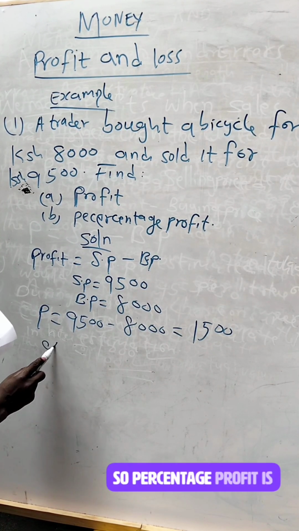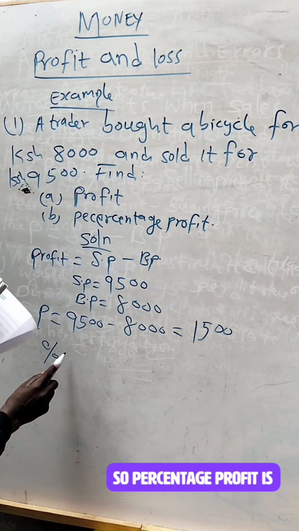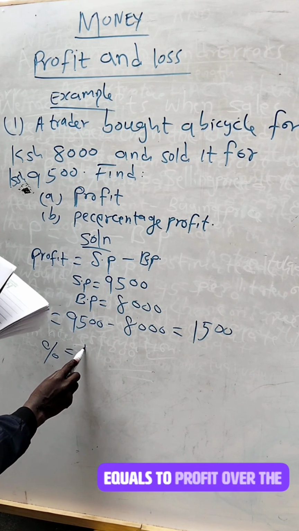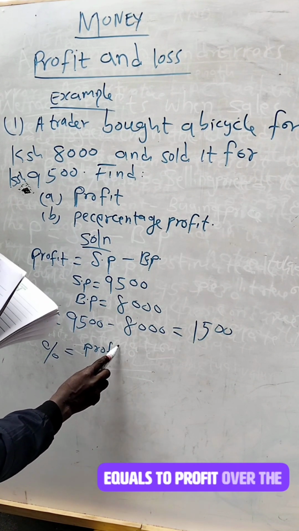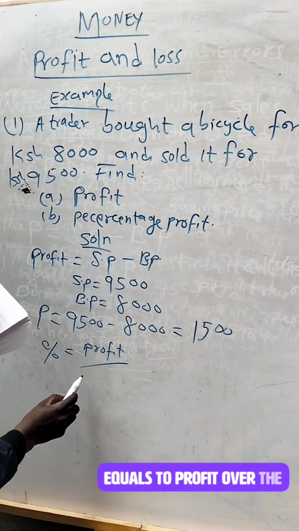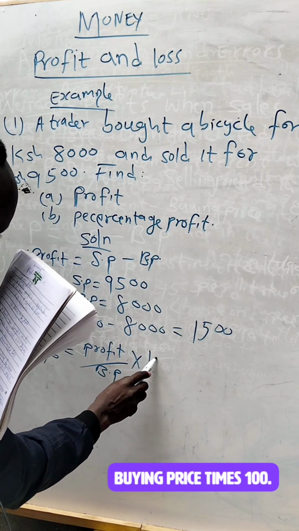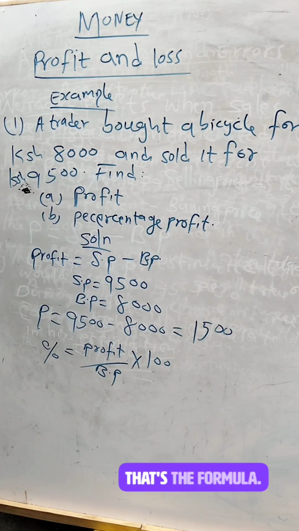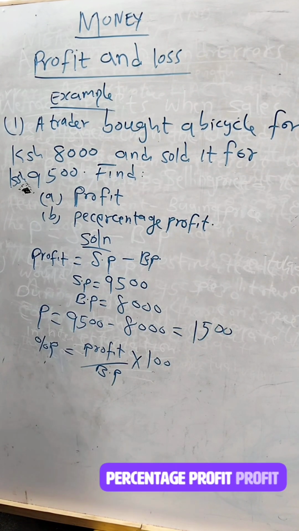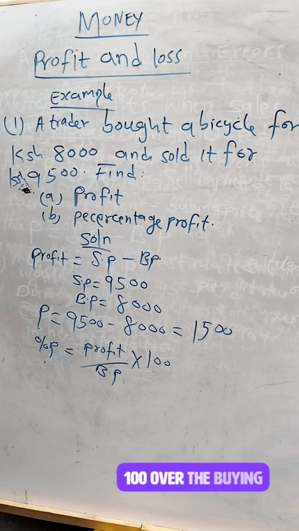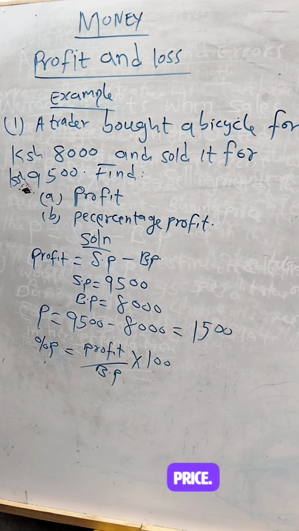Percentage profit is equal to profit over the buying price times 100. That is the formula.